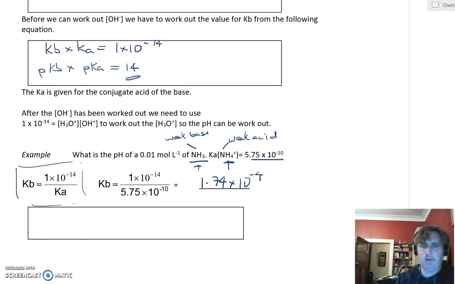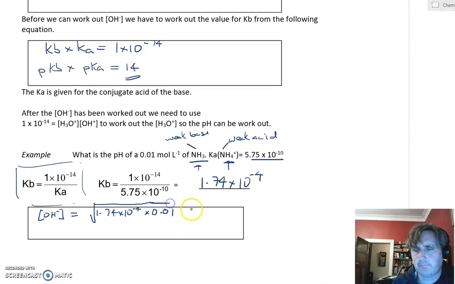So I'm going to put this into my expression to find out what my concentration of OH minus is. That equals, remember, the square root of the Kb, 1.74 times 10 to the negative 4, times the concentration, 0.01, which equals 1.74 times 10 to the negative 6.